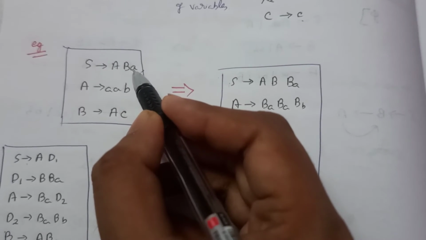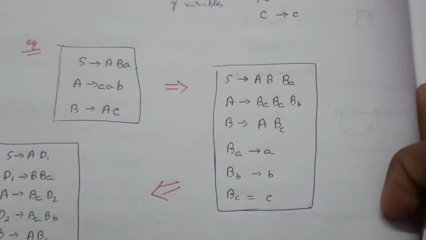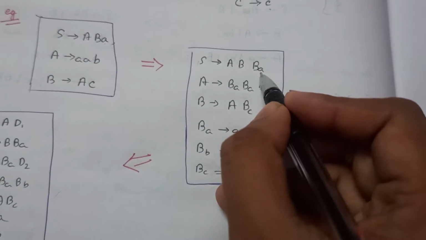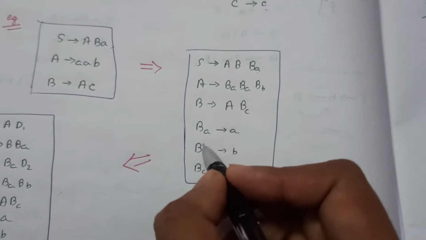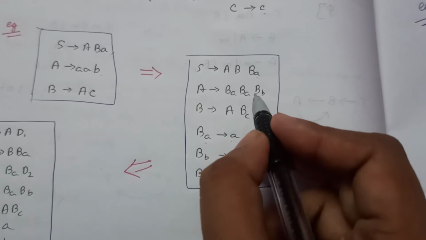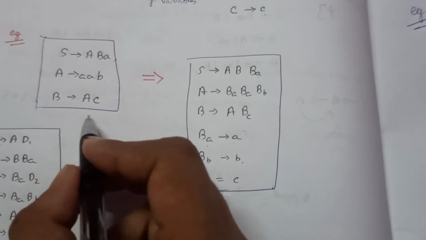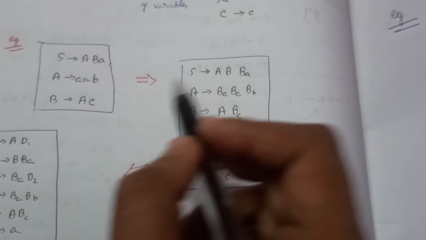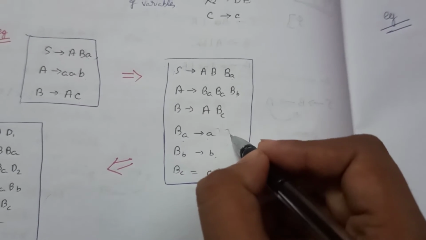I will replace each terminal with a variable. I make B_a to small a, and for small b I have written B_b to small b, and for small c I have written B_c to small c. So I have exchanged these three terminals with three variables.